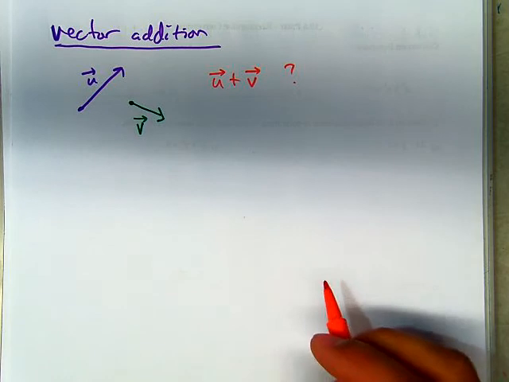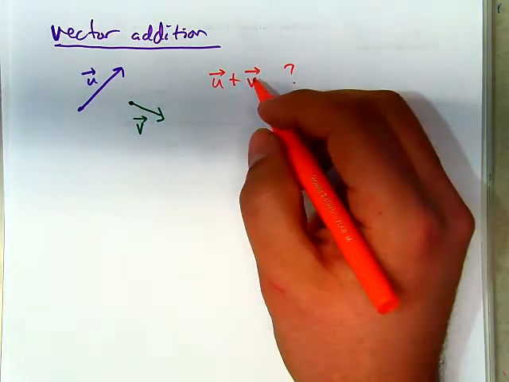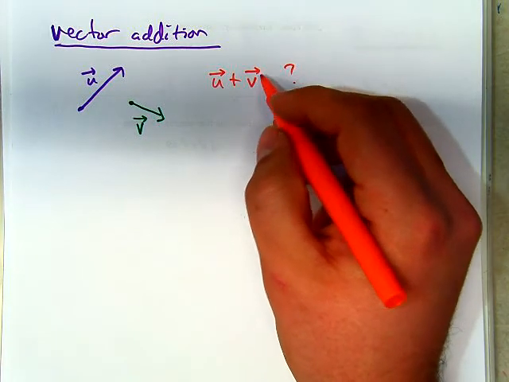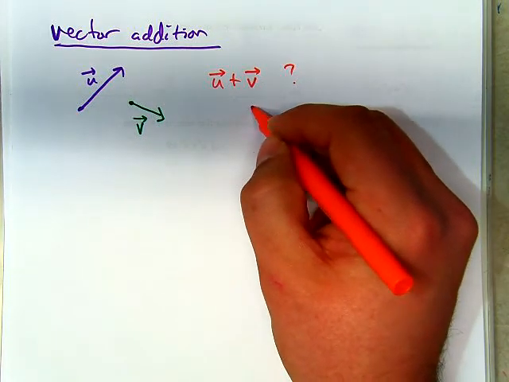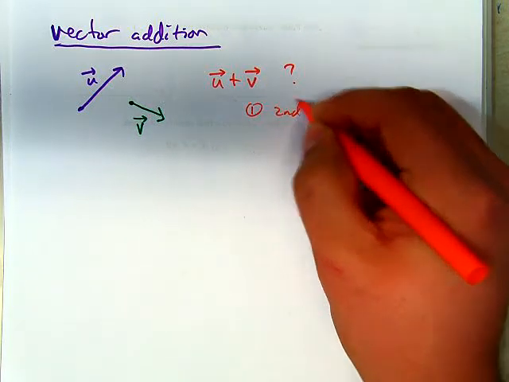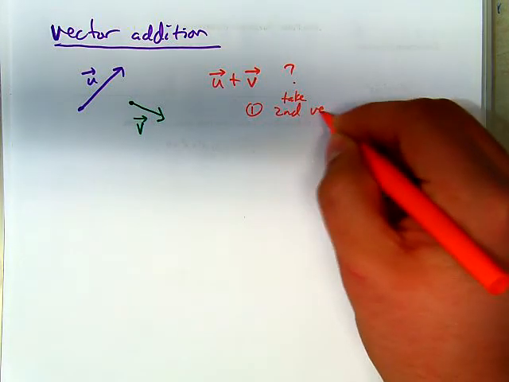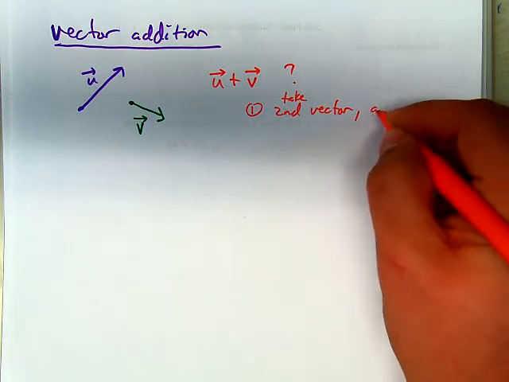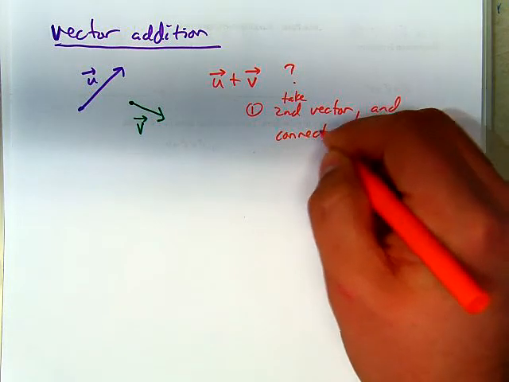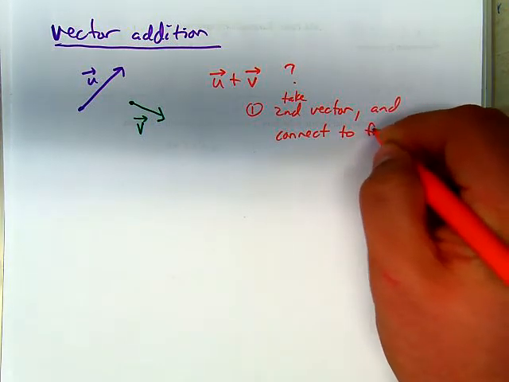What I will always do is first take the second vector and connect it to the first vector.